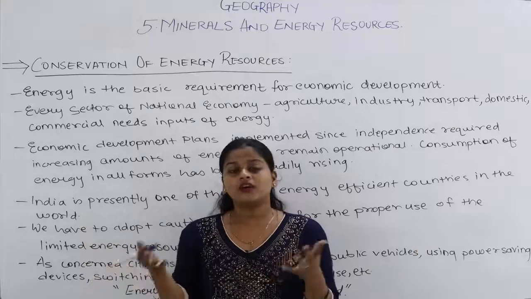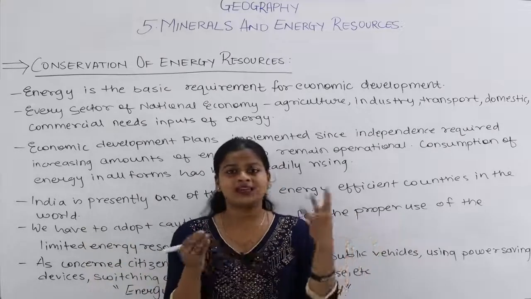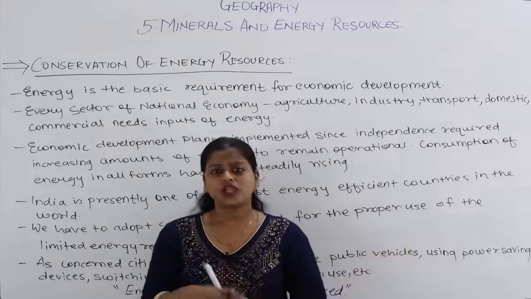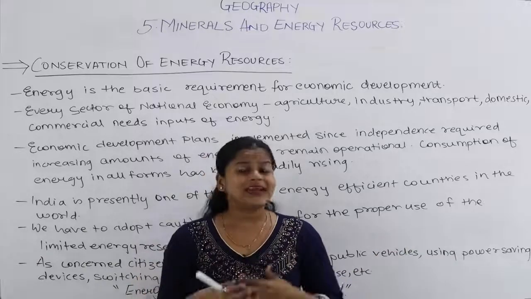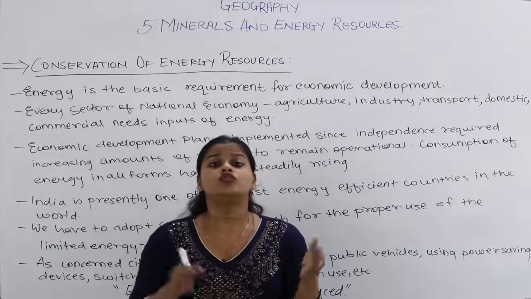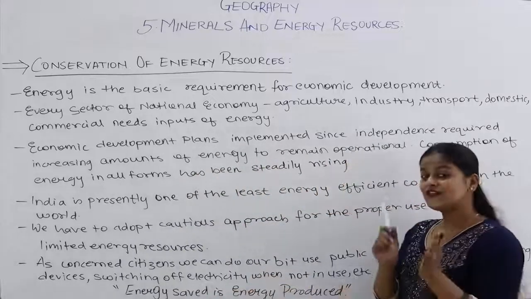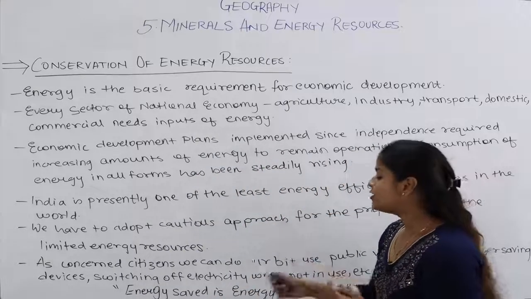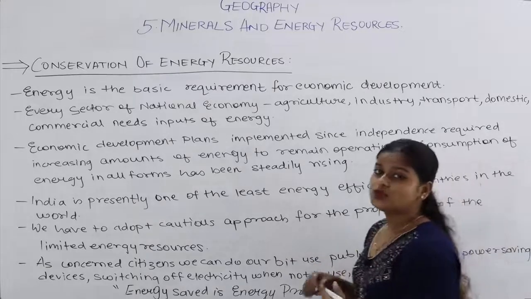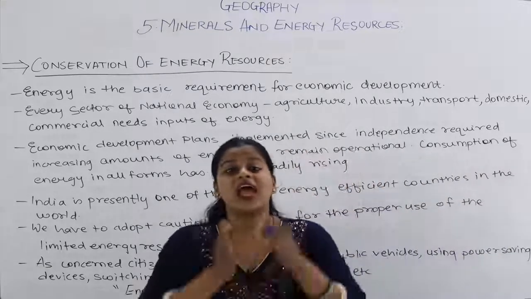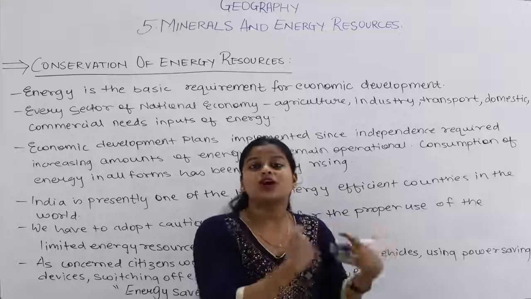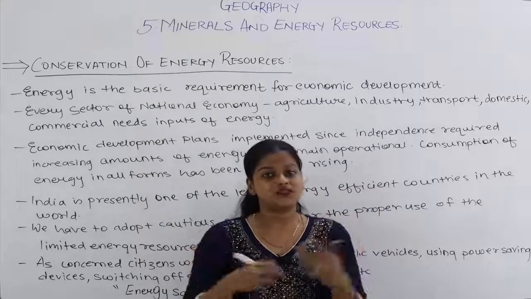When we are in the living room, we can switch off the fans and everything in our bedroom. These are some basic things, and there are many more you can do to save energy resources. The line given in your textbook is: energy saved is energy produced. If you save energy, that can help produce other energies that we learned previously.